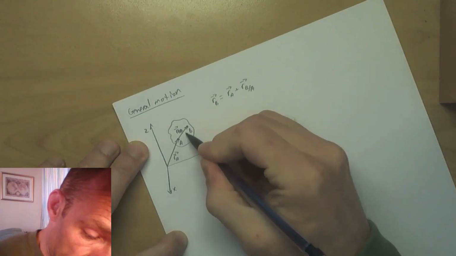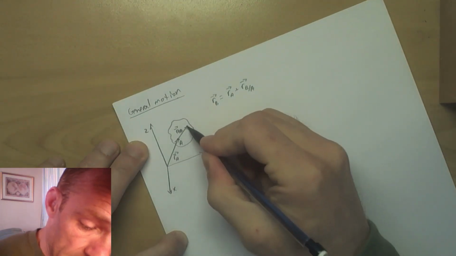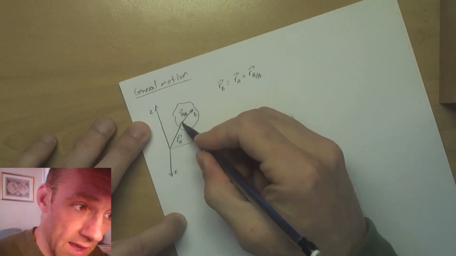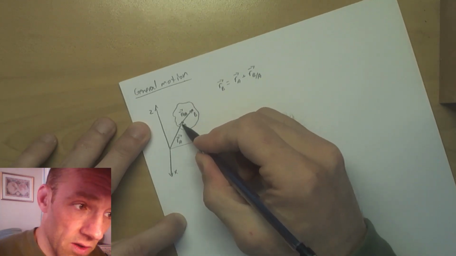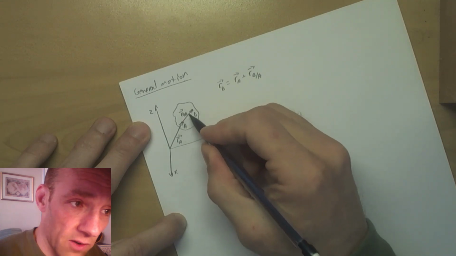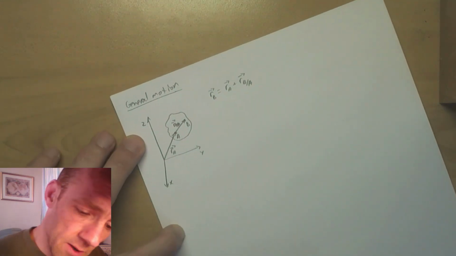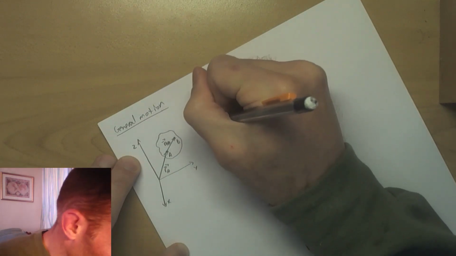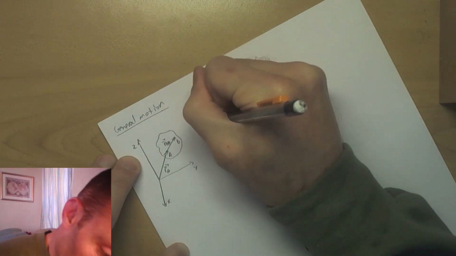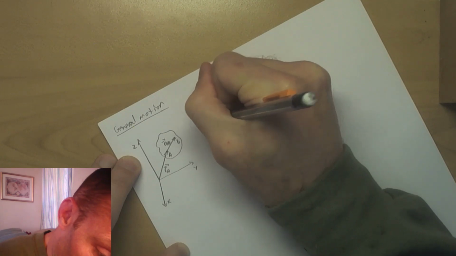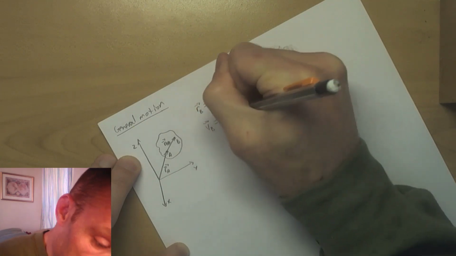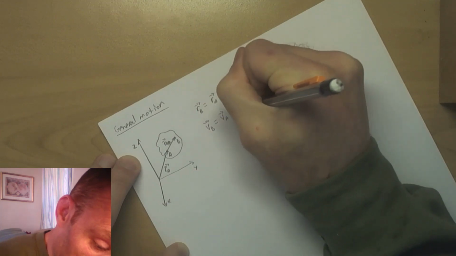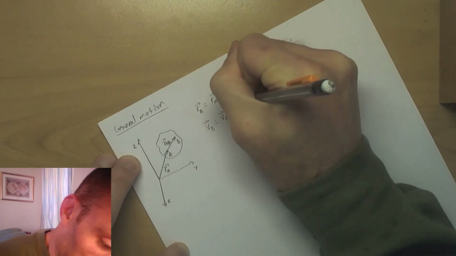If we had a vector connecting the origin to B, it would just be the sum of the vector to A plus the relative vector from A to B. All right, and then we can take the derivative of that. If we want to know the velocity of point B, that's just the velocity of point A plus the velocity of B relative to A.